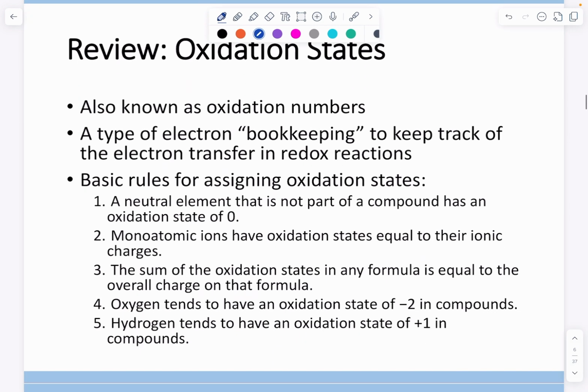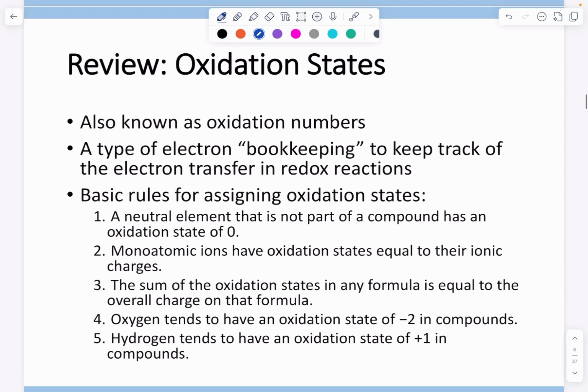We talked about how to identify oxidation states also in Gen Chem 1, so this is another review. Sometimes they're called oxidation numbers. This is a way to bookkeep or keep track of electrons in electron transfer reactions or in redox reactions.